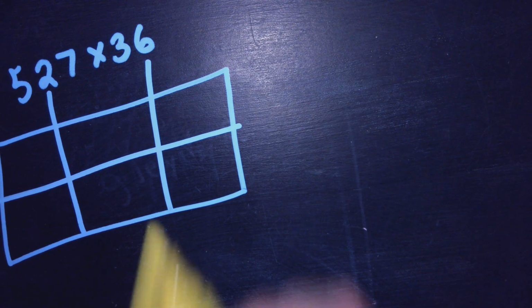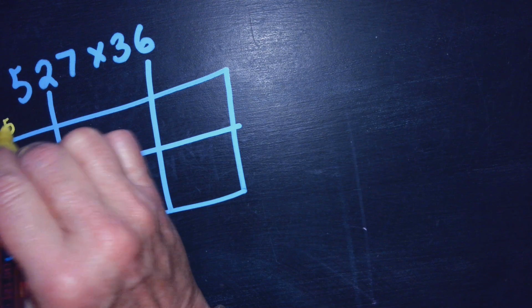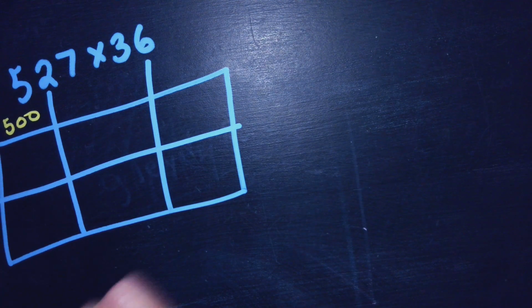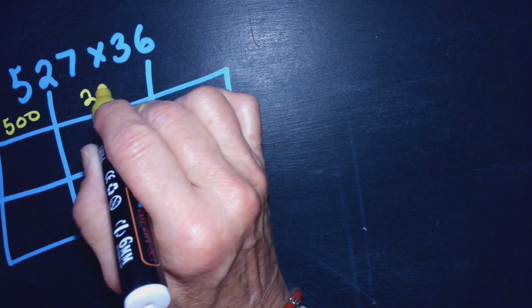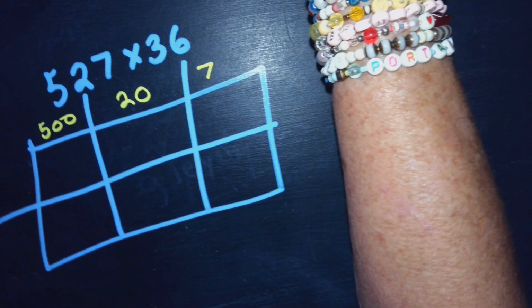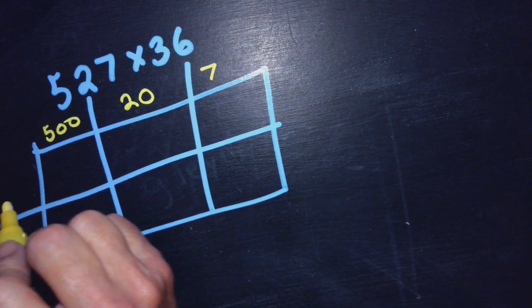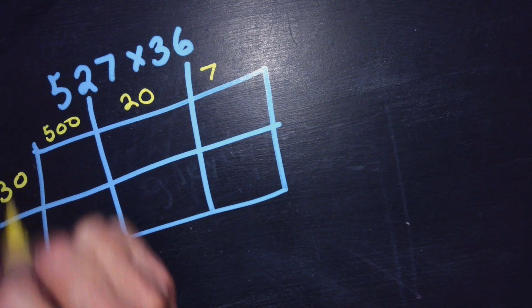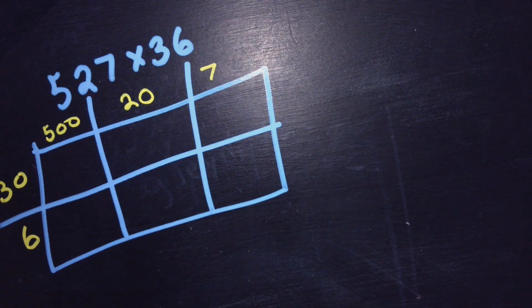And then I'm going to put in 527. And then I'm going to put over here, I'm going to put in 36. And we're going to do the exact same thing we did before.